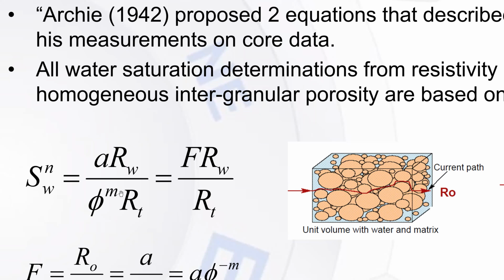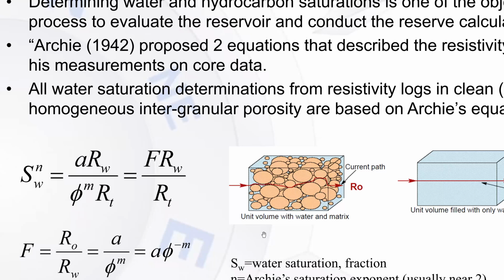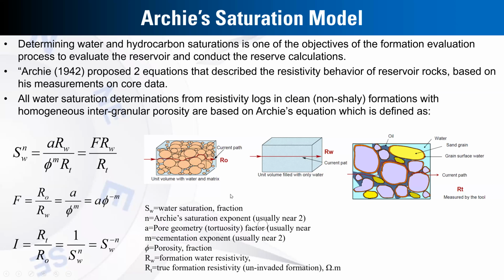So the cementation factor M and saturation exponent N will be calculated using special core measurements to have accurate calculations of saturation using the Archie saturation model, for calculation of water and hydrocarbon saturation as an objective of the formation evaluation program.